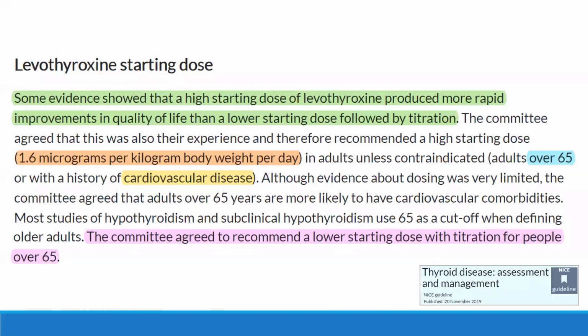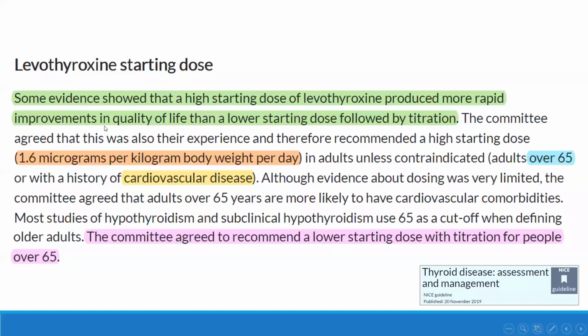The starting dose of levothyroxine is according to the latest guidelines published by NICE in 2019. I will cover this guideline in the session for the guidelines. And this is the answer to the question of Dr. Najah.